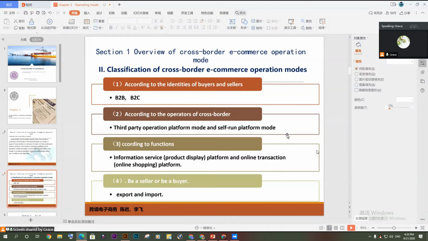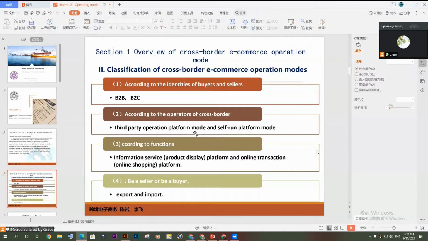It is public, which means there are many sellers who can use this platform to sell their products. But what about Walmart? Walmart is the self-run platform.